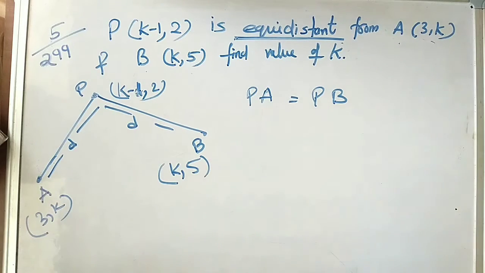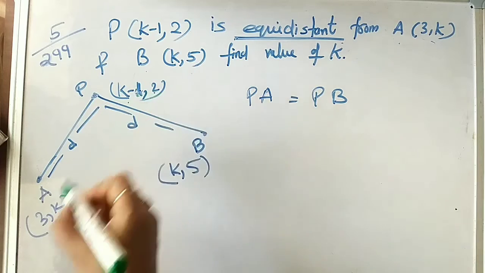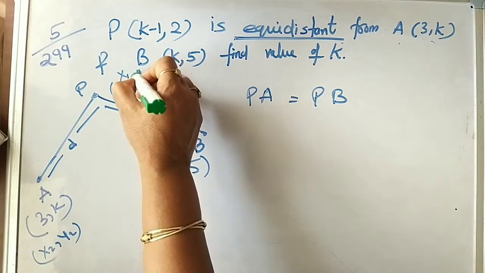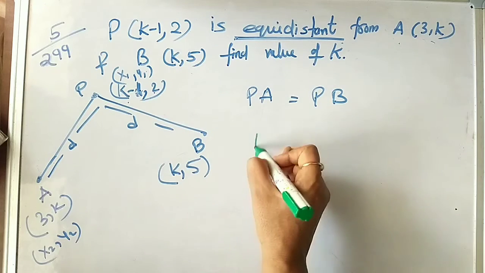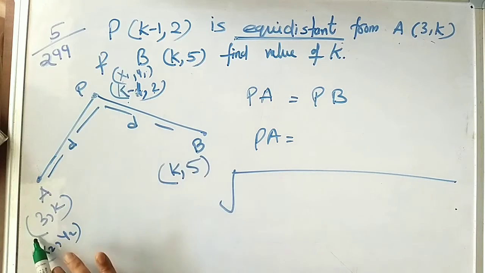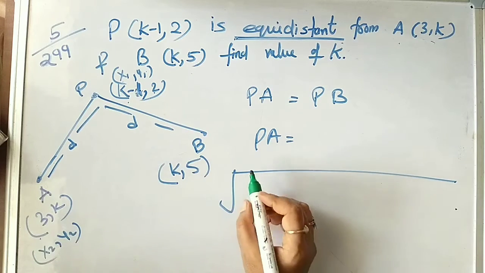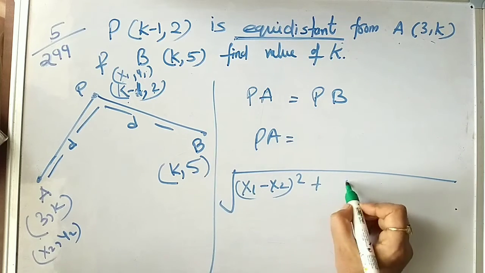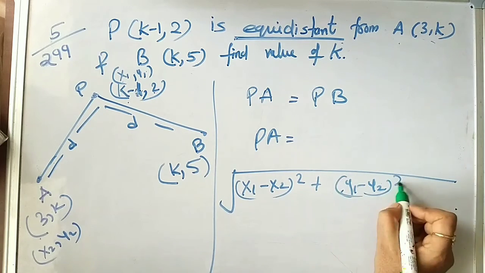So what is PA? This distance, so I can apply the formula. Suppose this is x1 y1, and this is x2 y2. Let me find out PA. PA will be the square root of x1 minus x2 square plus y1 minus y2 square.